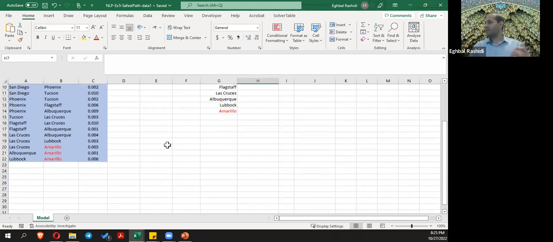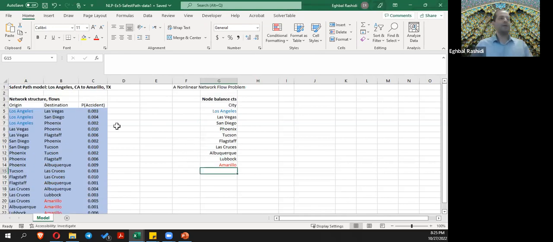And then we have to write the objective function and compute the probability of no accident, and then build up our model. So let's go ahead and get started with all of that.